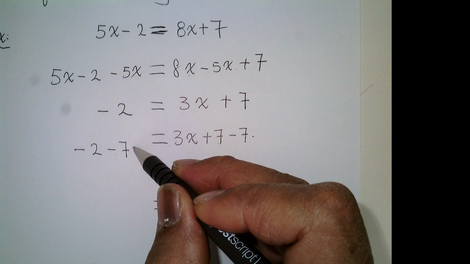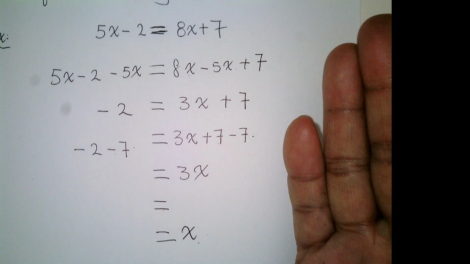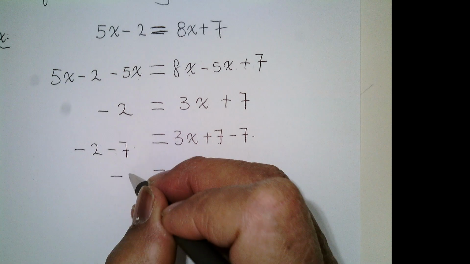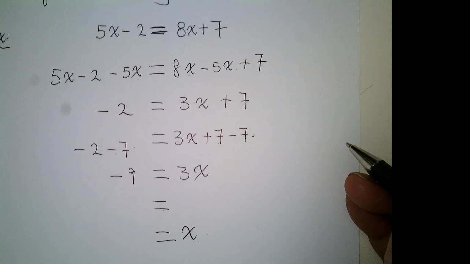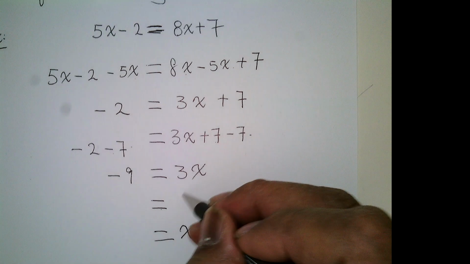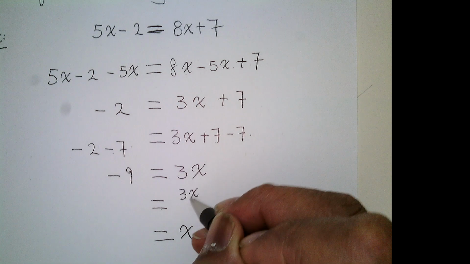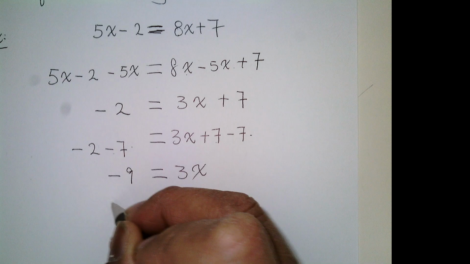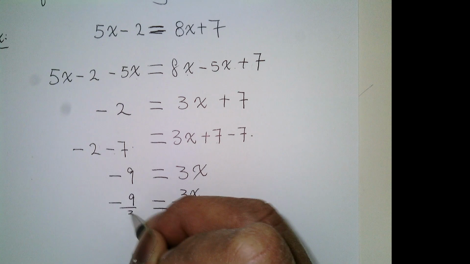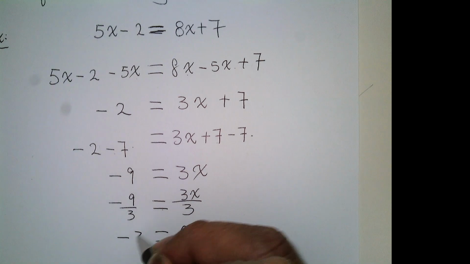Negative 2 minus 7, verify with your calculator, is negative 9. Then both sides divide by 3. So x equals negative 3.